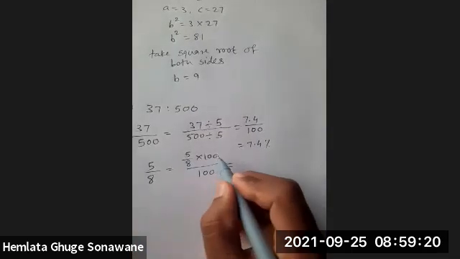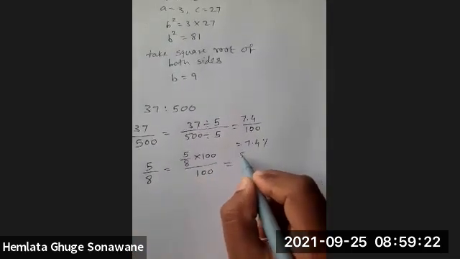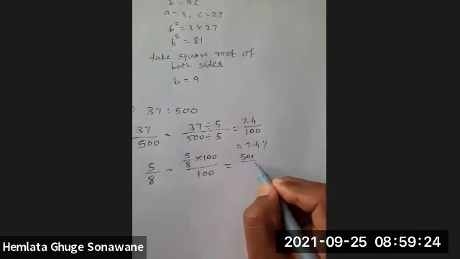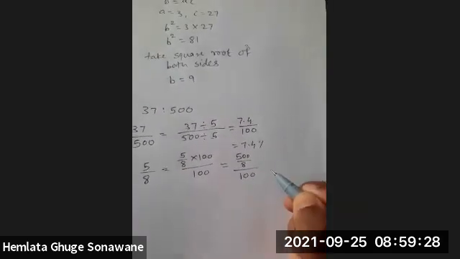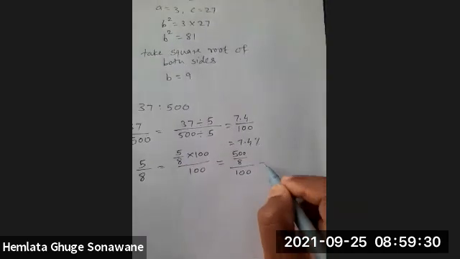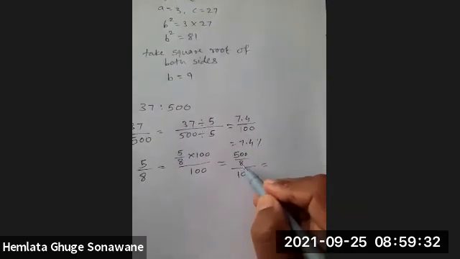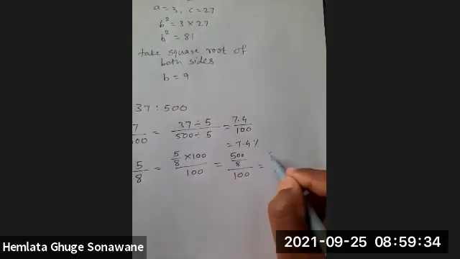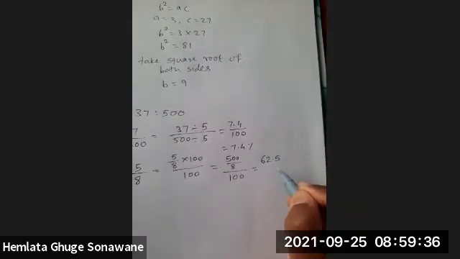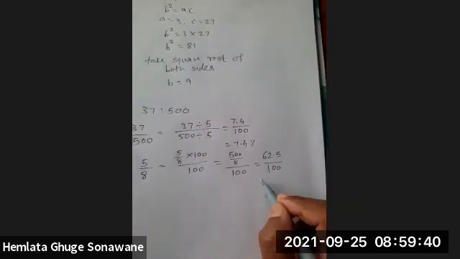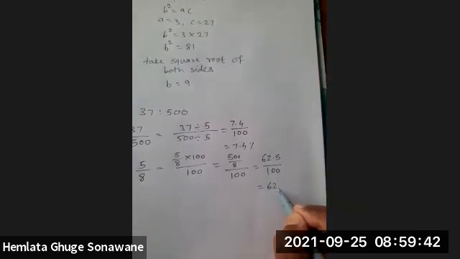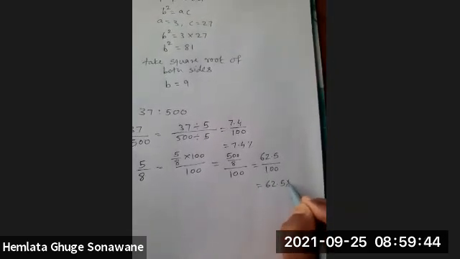Then this becomes 500 upon 8 upon 100. We'll divide 500 by 8. So it becomes 62.5 upon 100. So this is 62.5%.